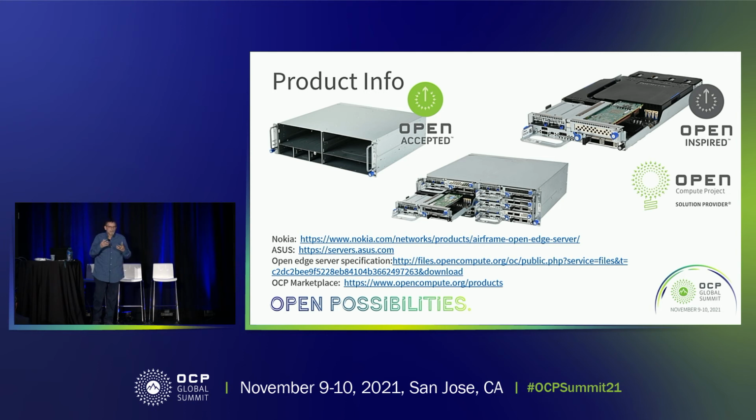For retail and industrial IoT, the requirements aren't quite as strict as the telco requirements for 5G site deployments, so we can relax some of those rules and come up with different form factors. We're hoping to get some submissions and specifications around those new form factors.